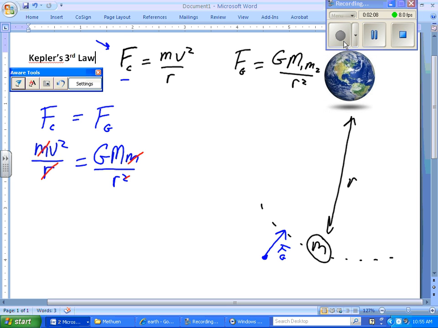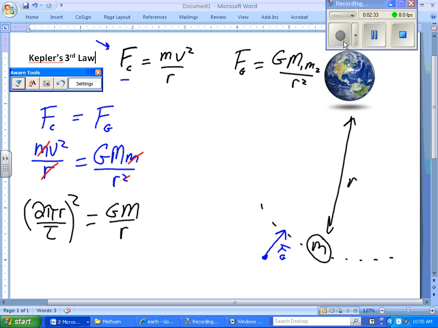Well, let's manipulate that too. V, which is velocity, just means distance over time. So the distance traveled in one orbit, we'll assume is circular, 2 pi r, divided by the time it takes, period tau, all of that squared equals GM over r.